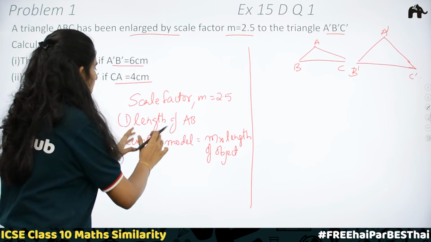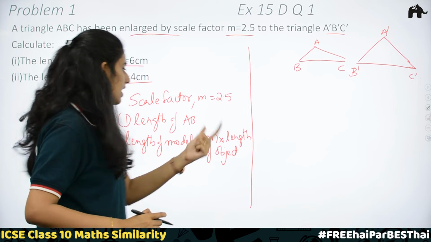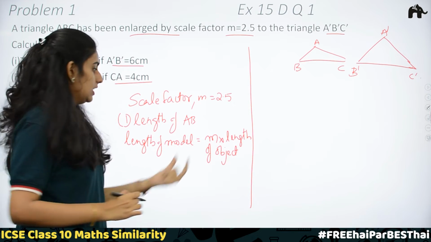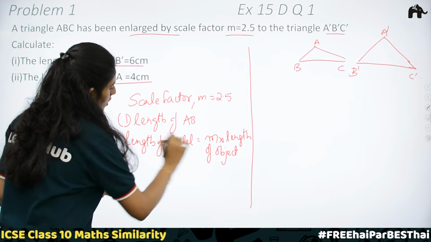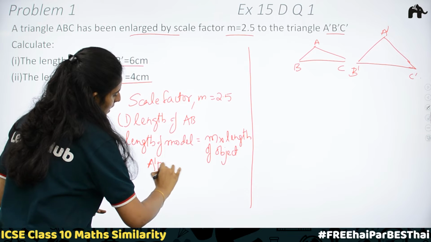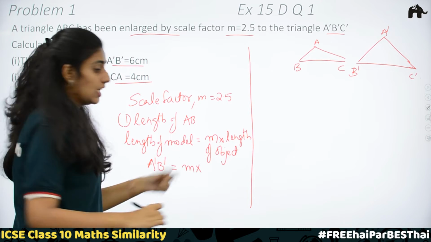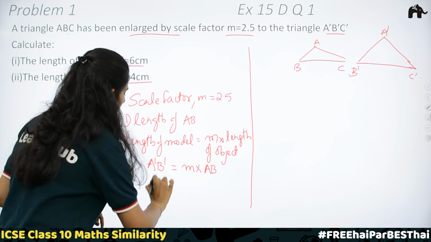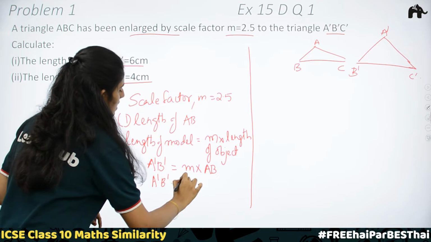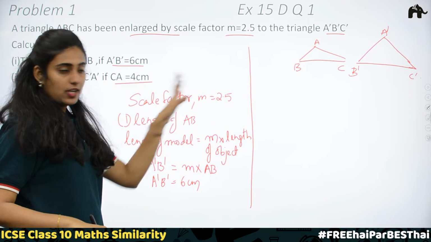Okay. So here we need to find the length of AB. Length of AB means the original one, which means the length of object. Therefore, we will be having length of model, A dash B dash, is equal to M into length of object, AB. Okay. We have the value A dash B dash, which is equal to 6 centimeter. Also we have M, M is 2.5.